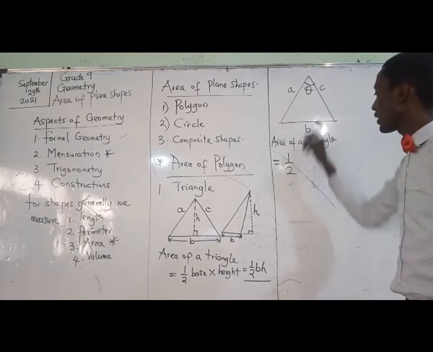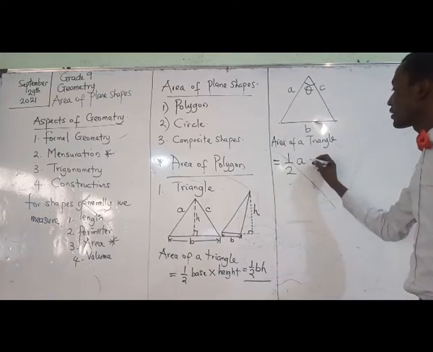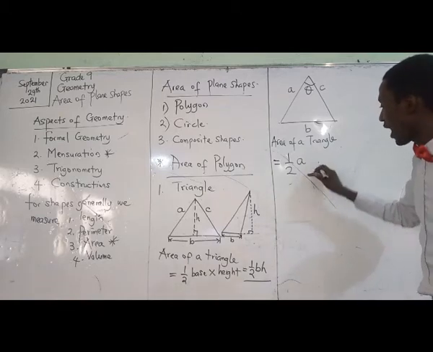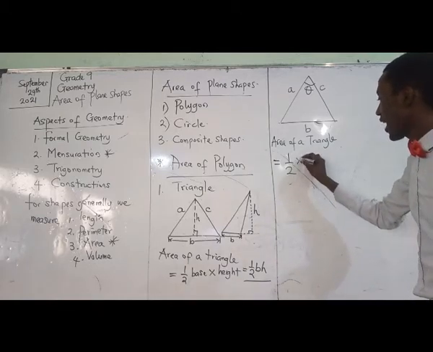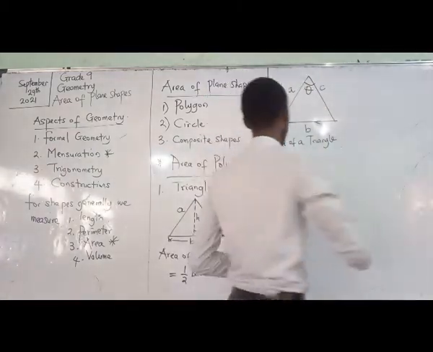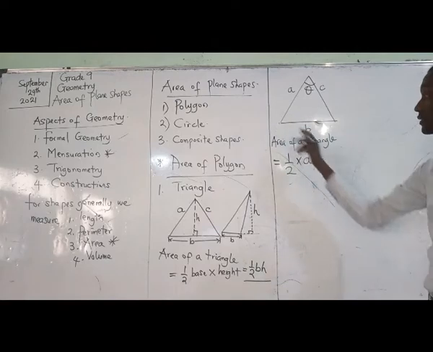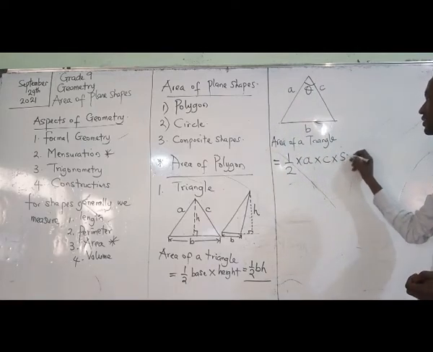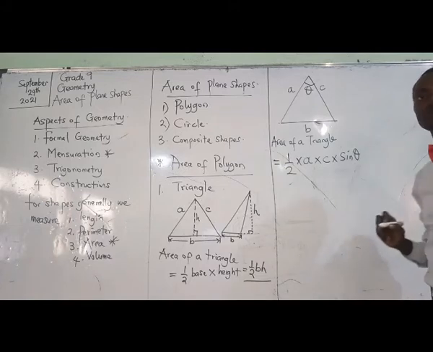Half A C, or let's break it down a little, half times A. We're drawing knowledge from our algebra now. Half times A times C times sine theta.